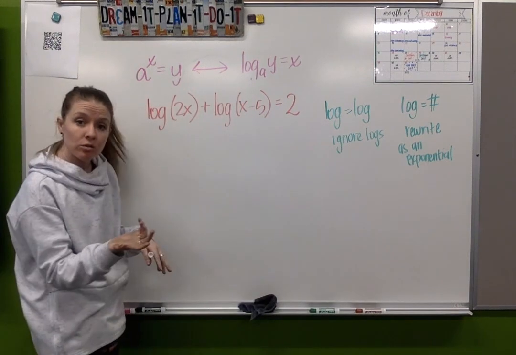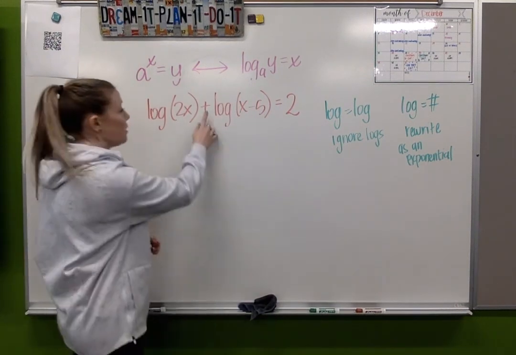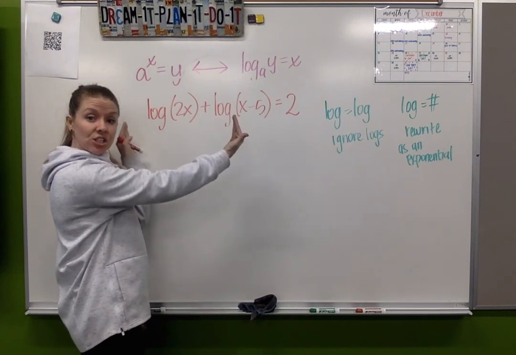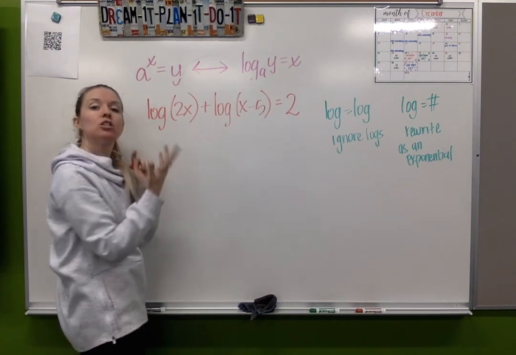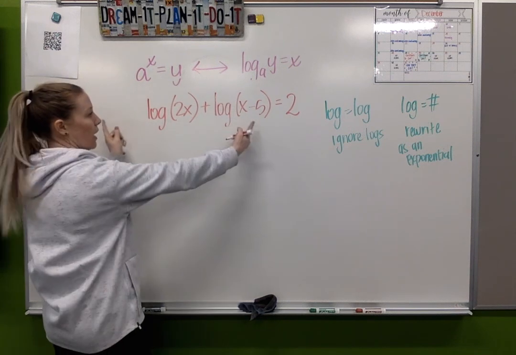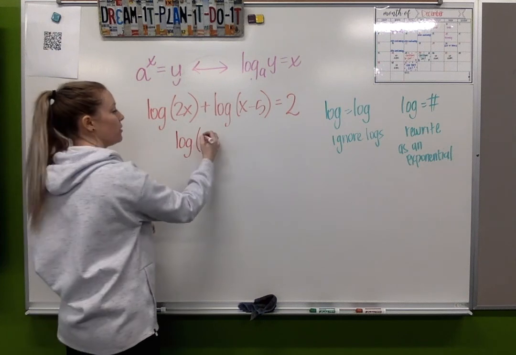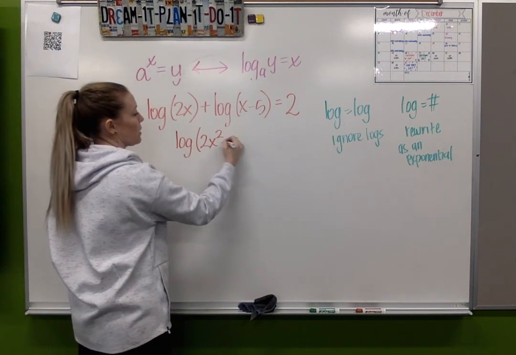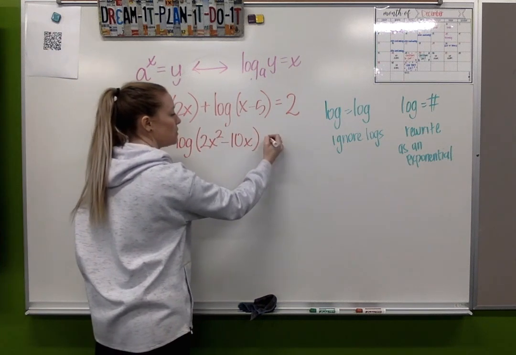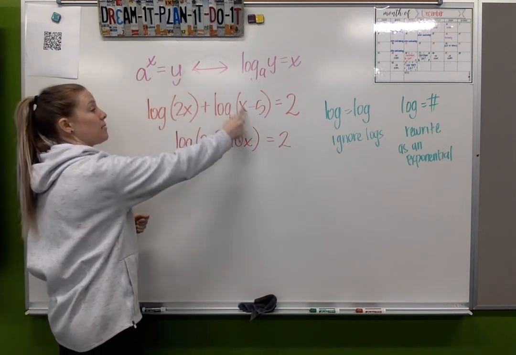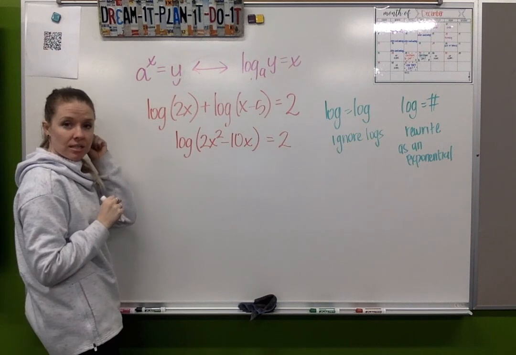So we're going to use what we talked about before I left. If we add two logs together, that addition condenses to multiplication. All right? So I'm going to rewrite this as the log of 2x squared minus 10x equals 2. I took my 2x, I times it to x, and I times it to the negative 5.